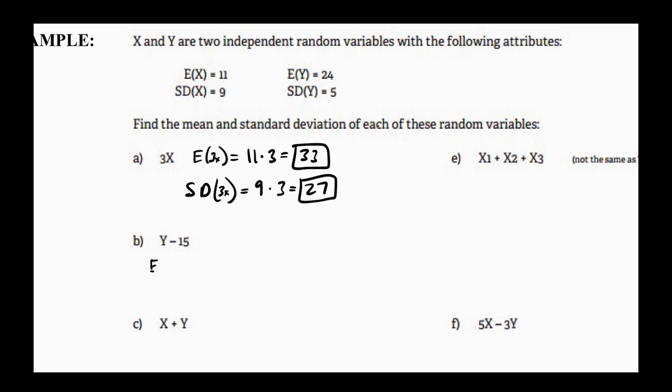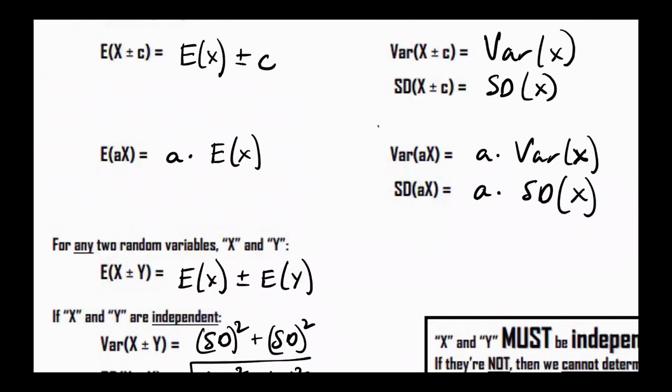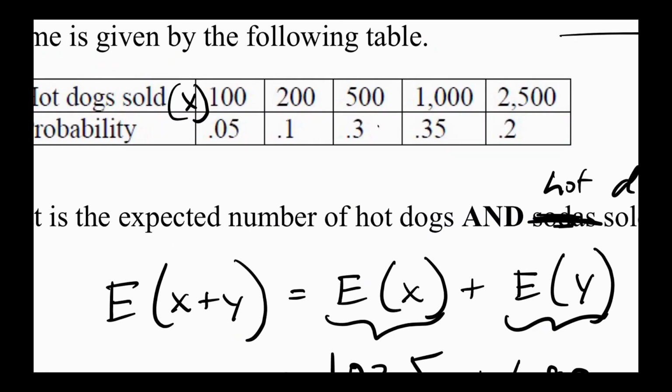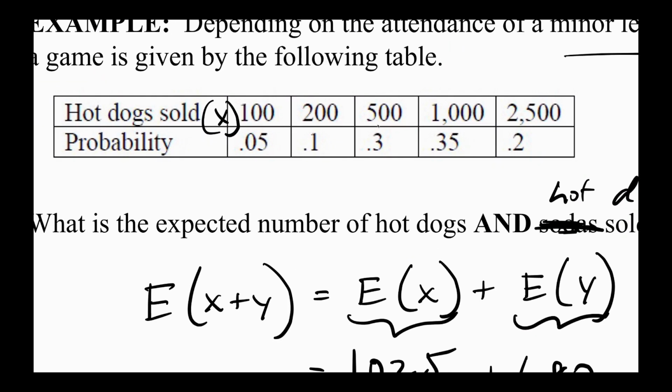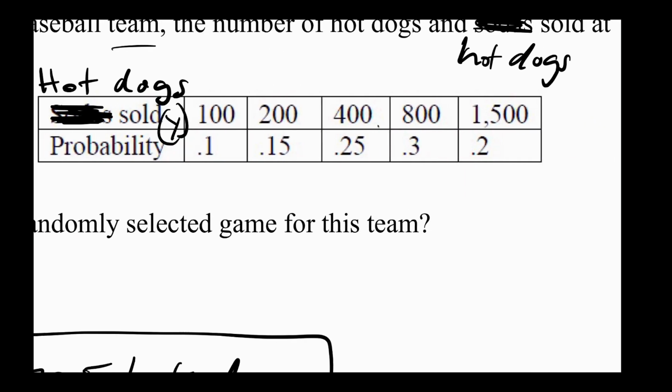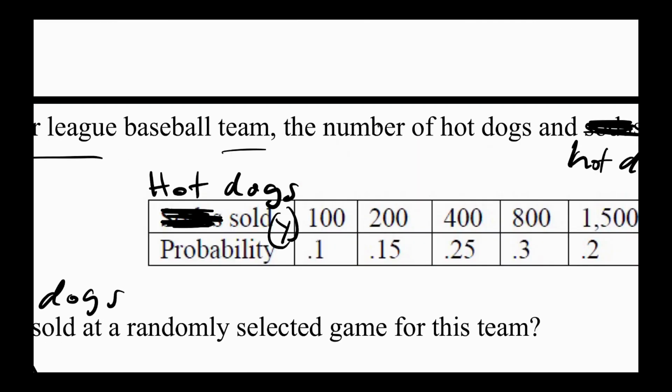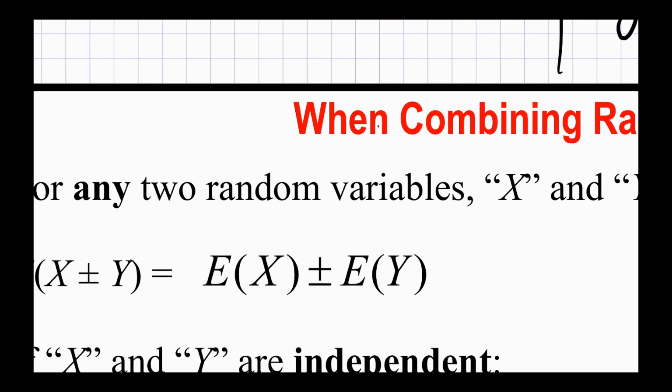Okay, so this one here. I took each of the random variables in the Y table that they didn't give us and subtracted 15 from each of them. By random variables, I mean these guys here. For example, the random variables in this table are the hot dogs sold, so I would subtract 15 from each of those.